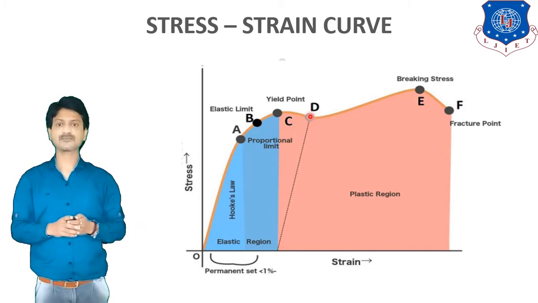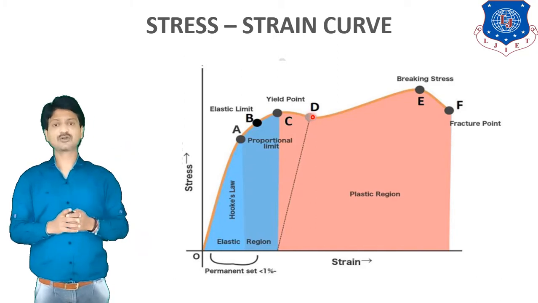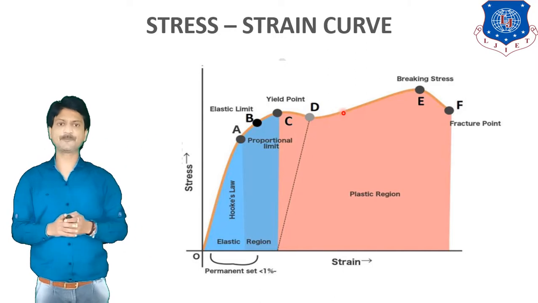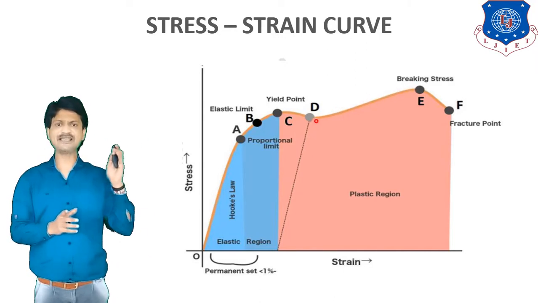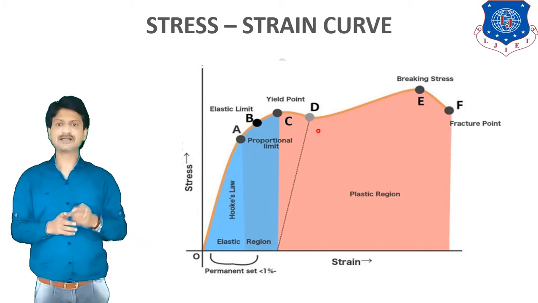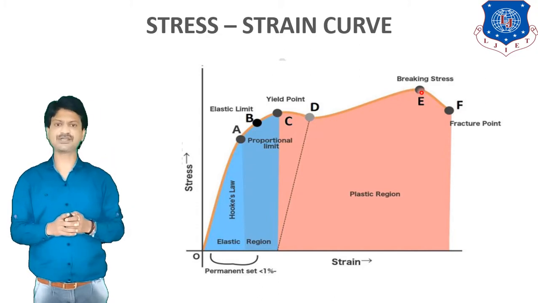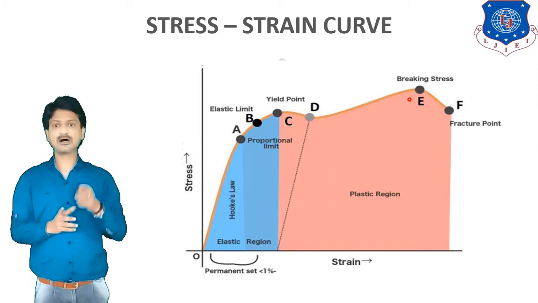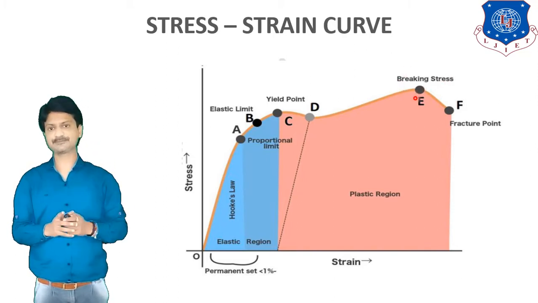Now, moving further towards this graph, after increasing the load beyond the yield point, the stress-strain curve rises till point E is reached. That point is also known as the ultimate load point.